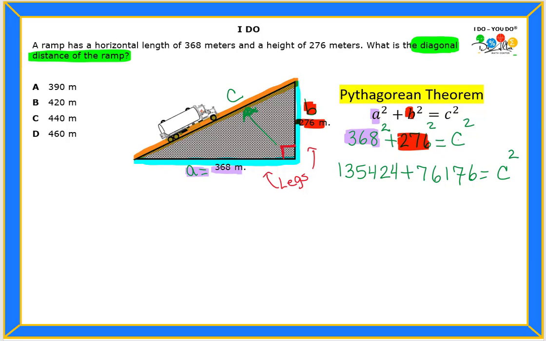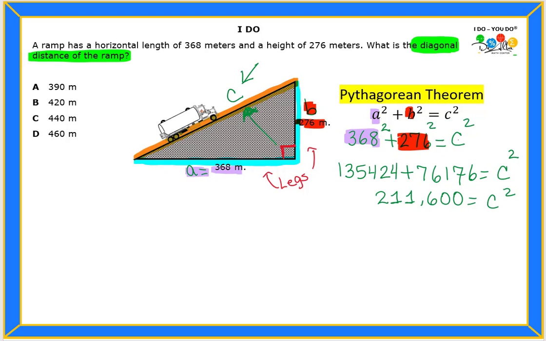So I am going to add up the two numbers that are on the left side, because remember, in an equation, you always do whatever operation it's allowed for you to do. So my answer for this will be 211,600 equals C squared.